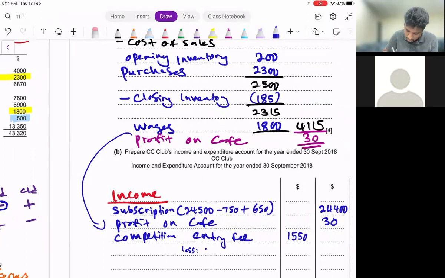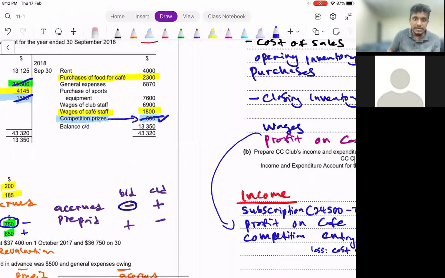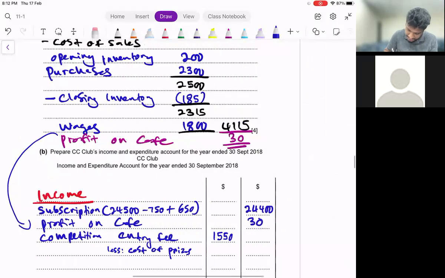How much is the cost of prices? Cost of prices is 500. So you take the 500, you write here. Then we calculate how much is the gain on the competition. 1550 minus 500, we get 1050.